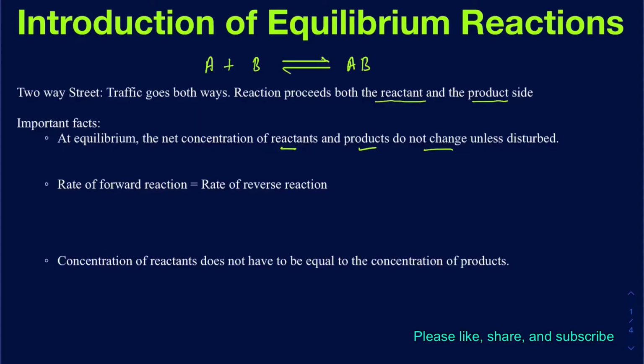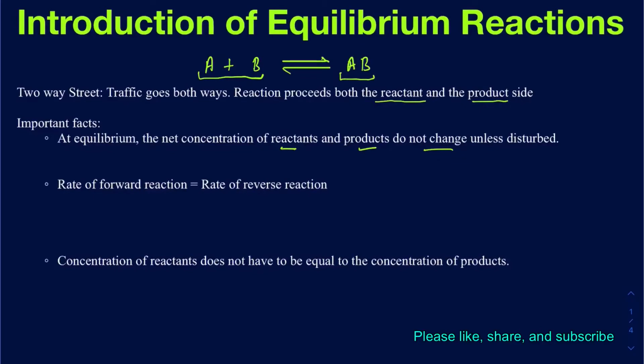So suppose I change the temperature or I change the pressure or I add some reactants or I add some products, that's what the disturbance means. In that particular case, your concentration of the reactants and products will change even at equilibrium, but as long as you don't disturb it, your net concentration of AB, like in this particular case, is going to be the same as that of A plus B.